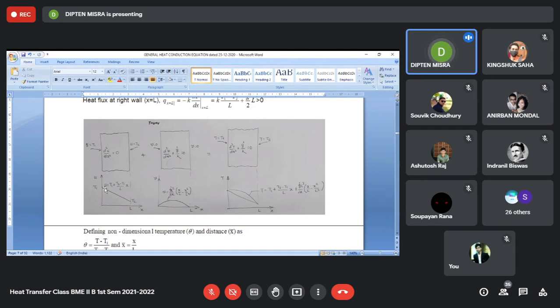If you take a derivative, it will be a constant because it's a linear equation. So du dx will be equal to (T2 minus T1) by L. The derivative is a constant, and if you take a double derivative, it becomes 0. So d2u dx square will be equal to 0. It satisfies the governing equation also.